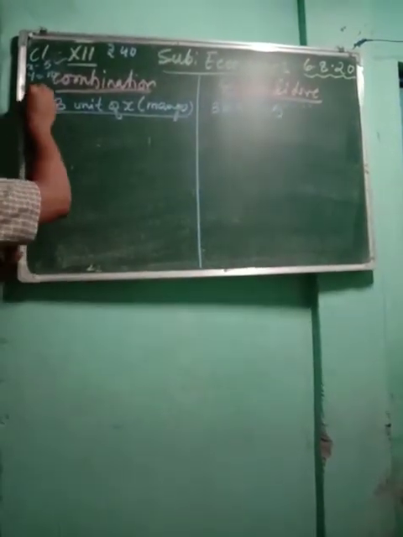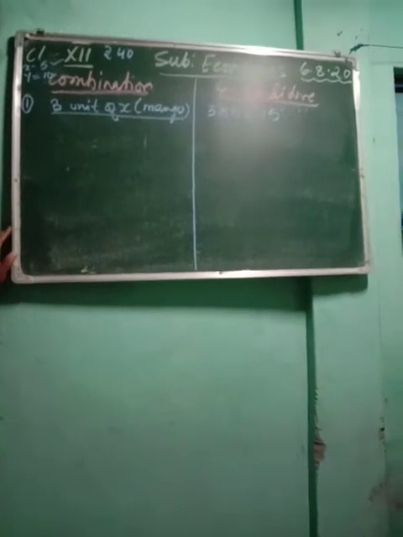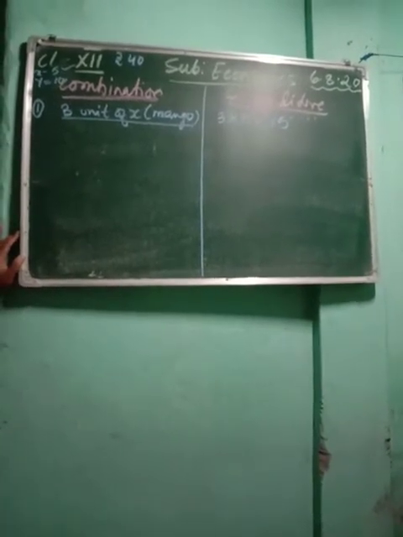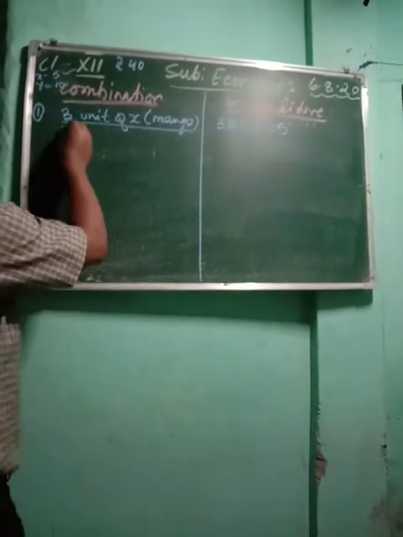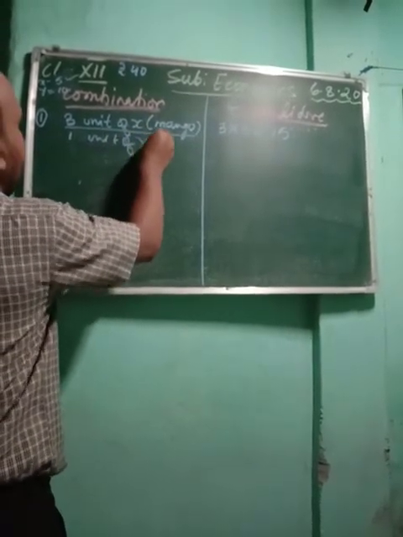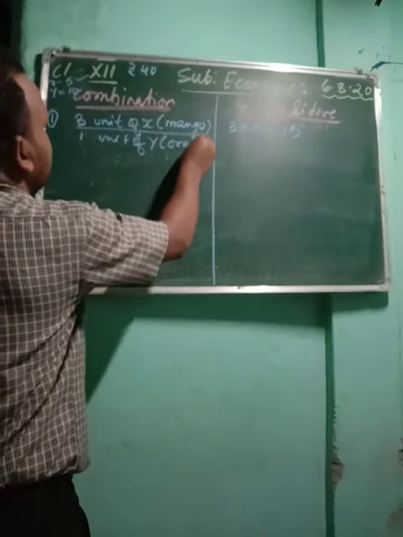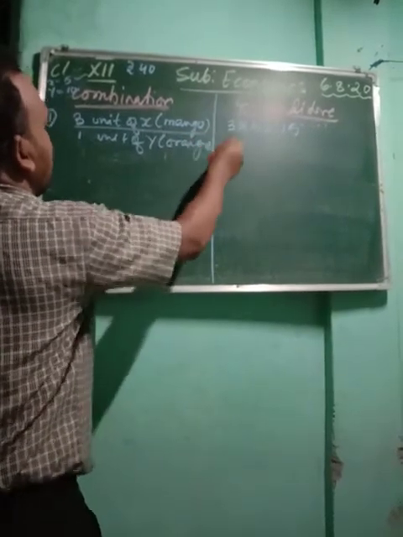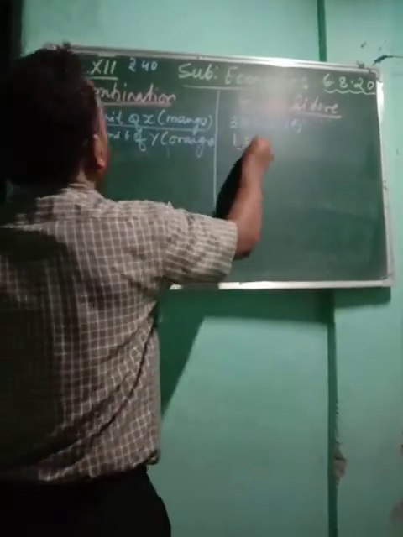This is the first combination. If he also buys 1 unit of Y, that is orange, 1 into 10 rupees is 10.